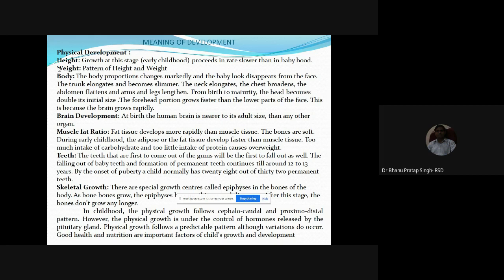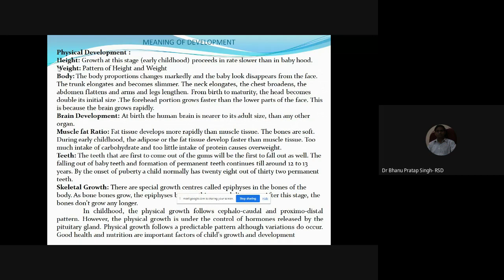The falling out of baby teeth and the formation of permanent teeth continues until around 12 to 13 years. New teeth come and the process of falling of old teeth continues up to 13 years. So by the onset of puberty, a child normally has 28, not 32, permanent teeth.